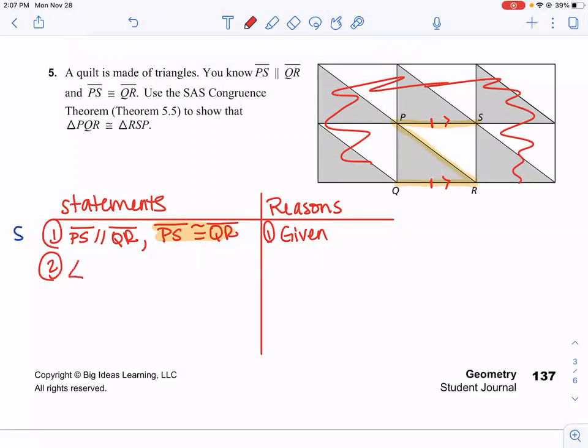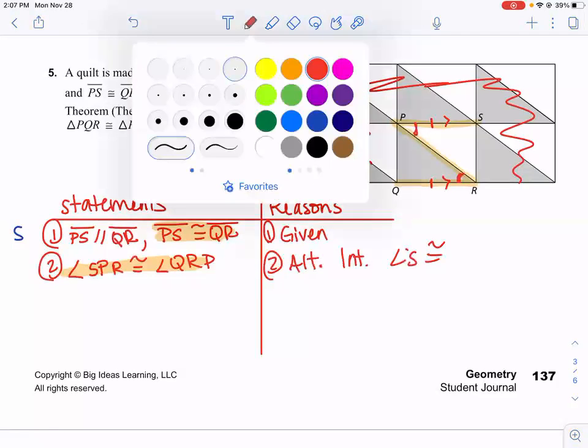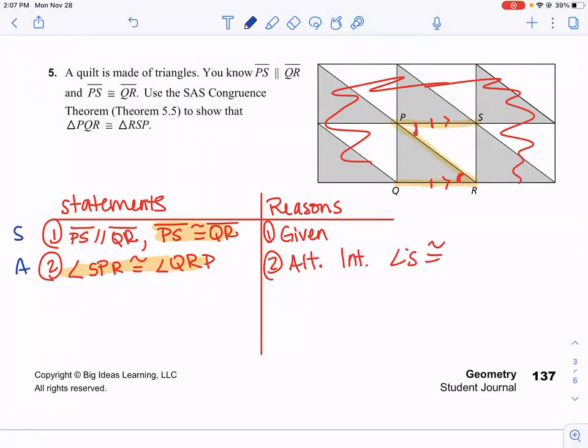We know that angle SPR is congruent to angle QRP. These guys right here. What kind of angles are those? Alternate interior angles are congruent. That gave us an angle.